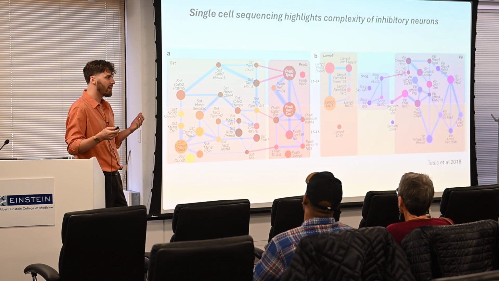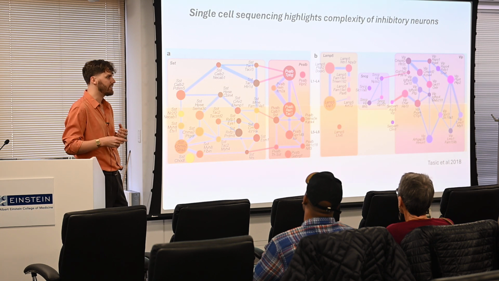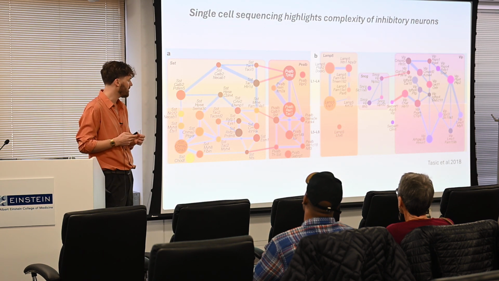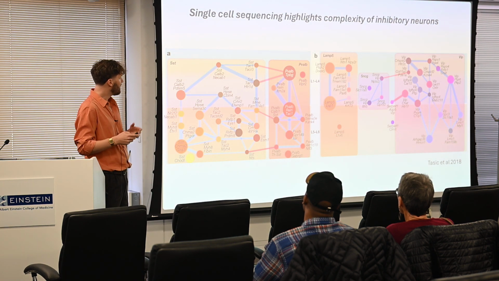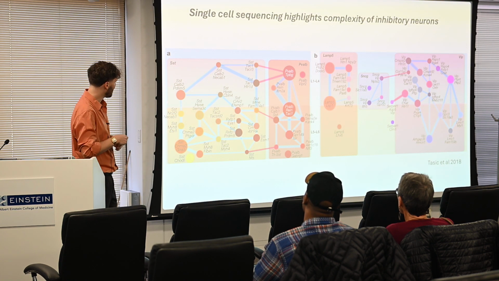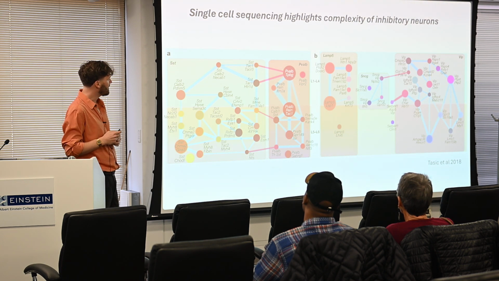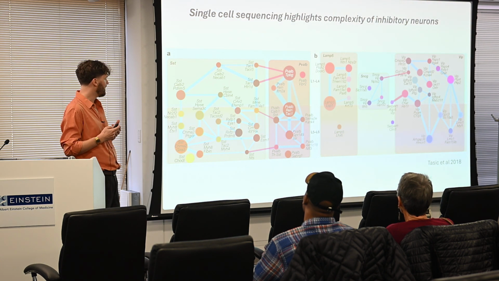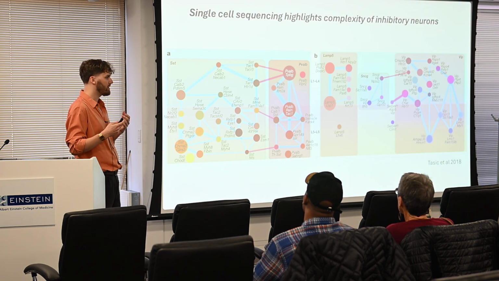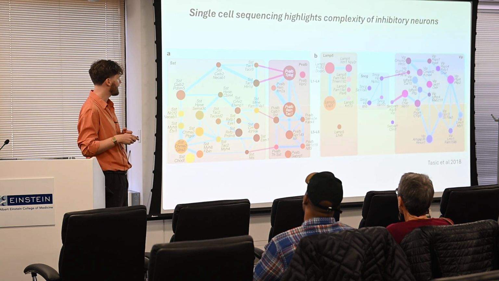When this came out, a lot of groups, including ours, were interested in beginning to tackle this heterogeneity and to figure out what the functional role of these distinct groups were. Finding the entry point into this is maybe a little difficult. There's a lot of different types of cells that you could study here, but we chose the rationale of looking at the really strange distinct cell types in these taxonomies.